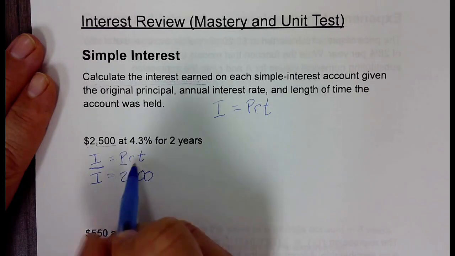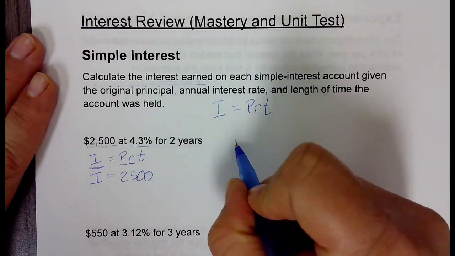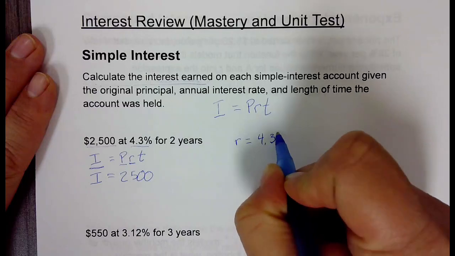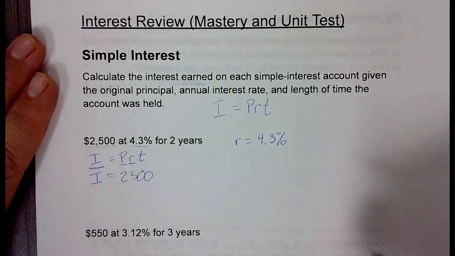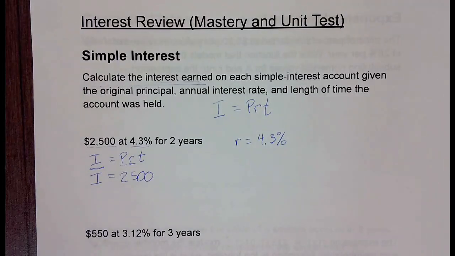Interest equals principal, which is this $2,500, times the rate. So I know that the rate equals 4.3%. Percent tells me how much you get for every $100 you have. So per 100.